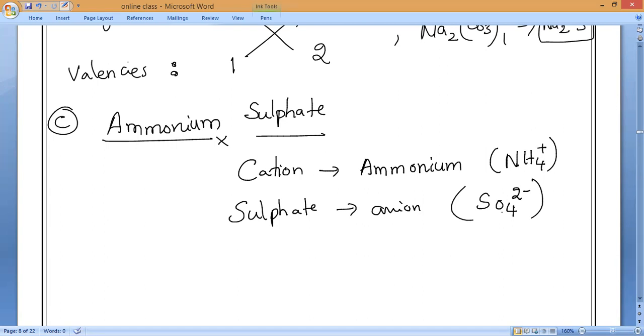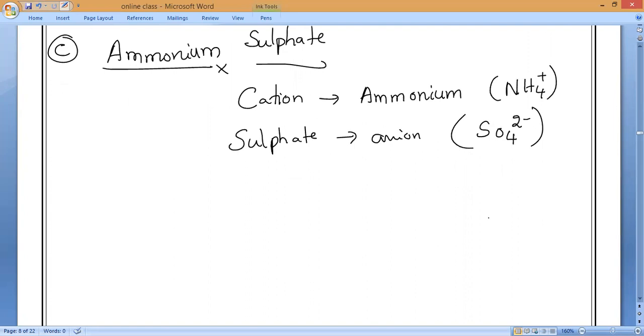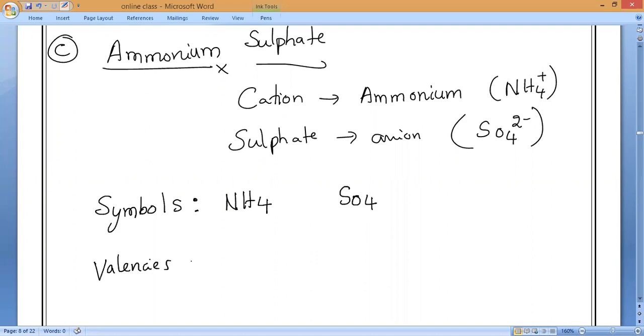Yes, please. Now you write the symbols. So what is the symbols? NH4 and this one is SO4. Yes, sir. Okay. Next, valencies. Be very careful.